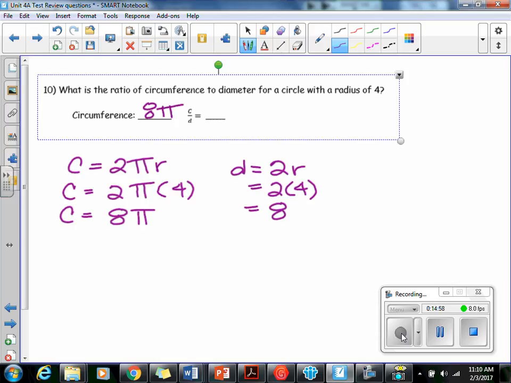So when they ask for the ratio of circumference to diameter, your circumference is 8 pi, so you have 8 pi divided by your diameter, which is 8. What happens to those? They cancel. The 8's cancel out. So if your 8's cancel, your ratio of circumference to diameter is just plain old pi. Like always. It's always going to be pi. If you do the math correctly, that is.